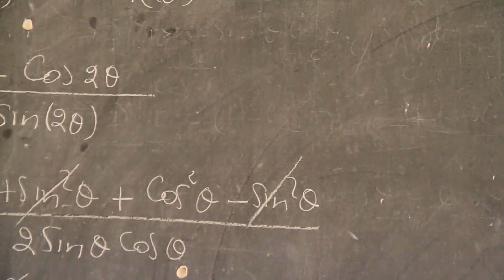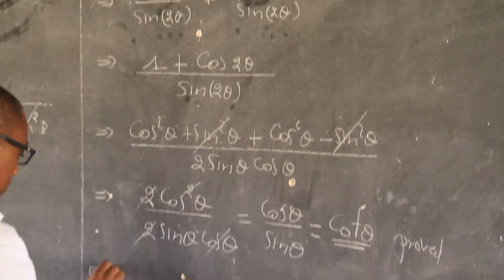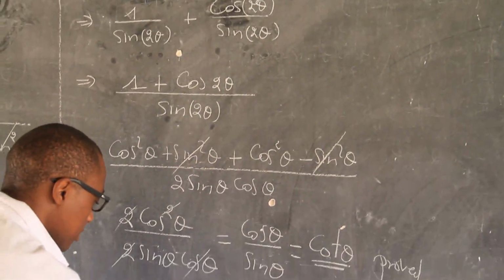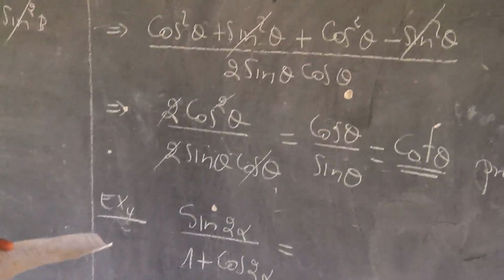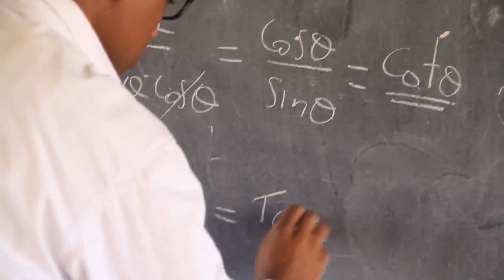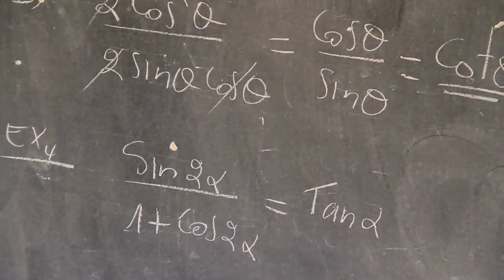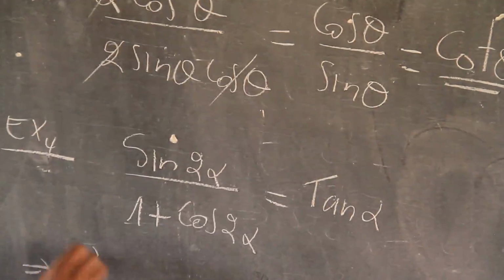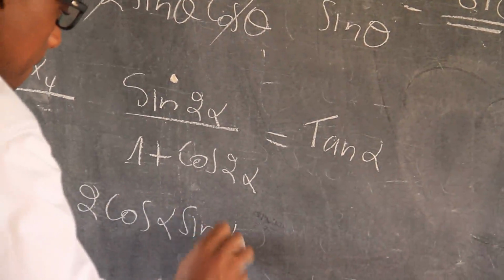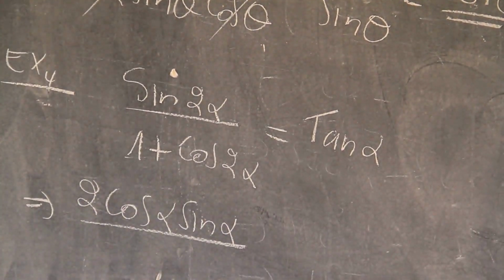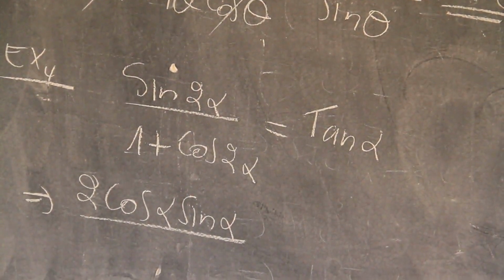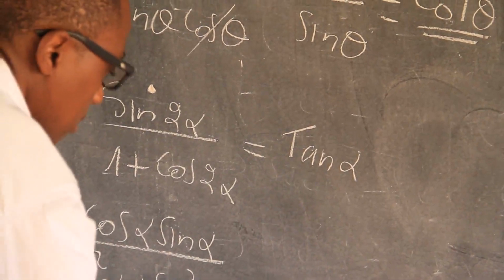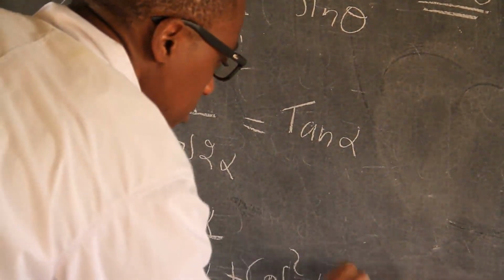So I can take example 4. Sine 2 alpha over 1 plus cosine 2 alpha is tan alpha. So is this one proved or not? I can replace sine 2 alpha by 2 sine cosine. I can replace 1 by cos square plus sine square, and cos 2 alpha by cos square minus sine square.